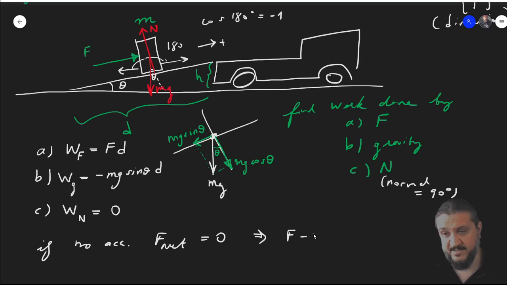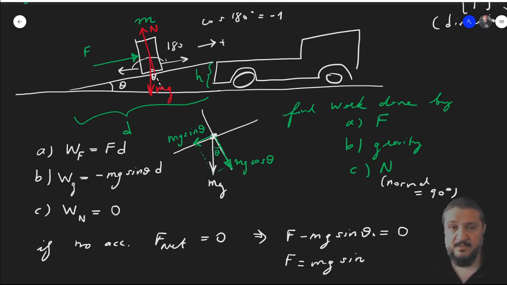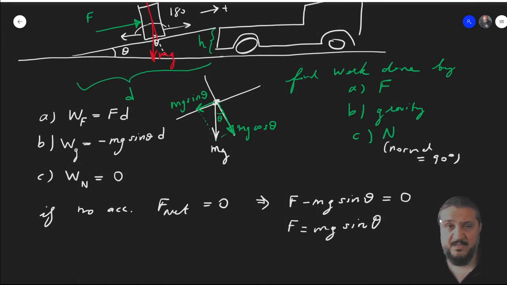So F minus mg sine theta, that is the net force, and it's equal to 0. Okay, which makes F equal to mg sine theta.